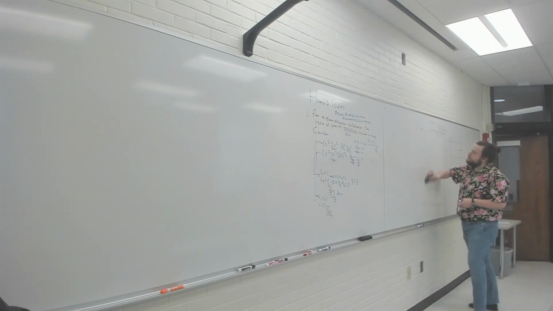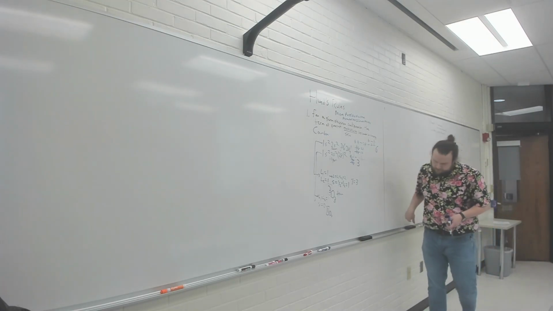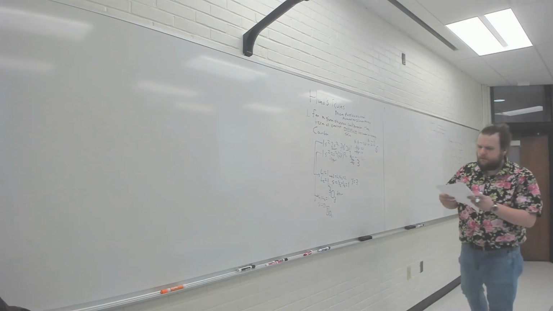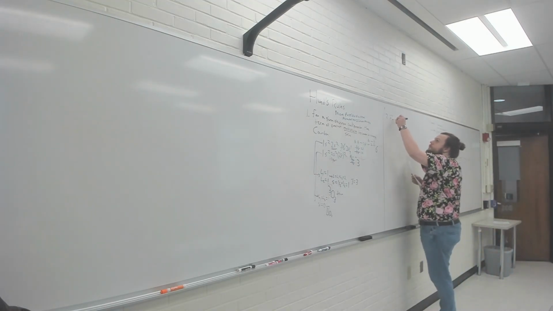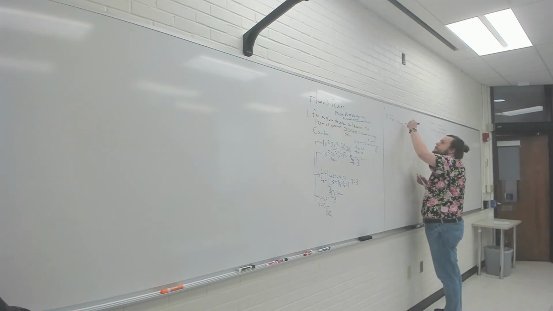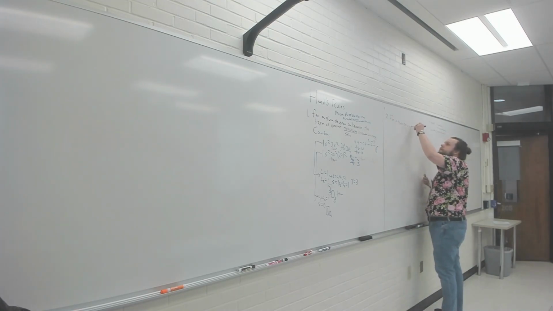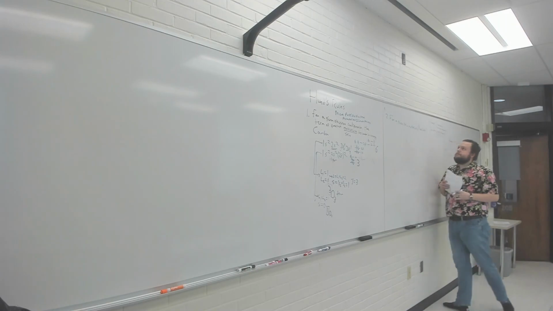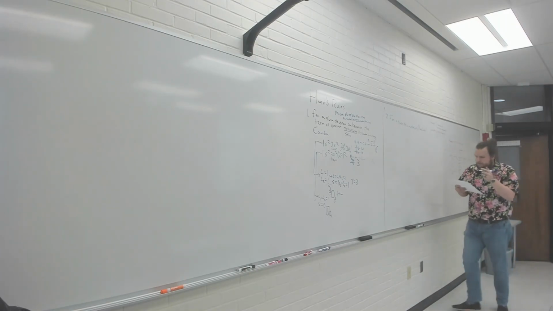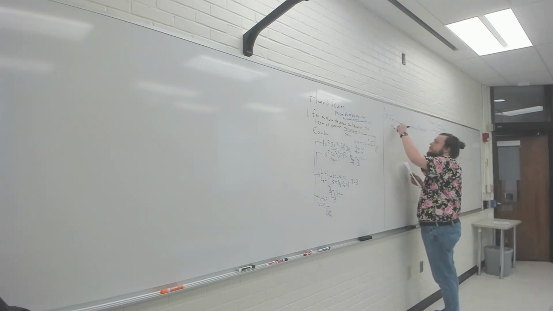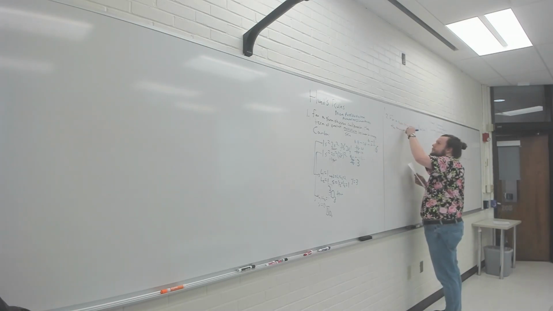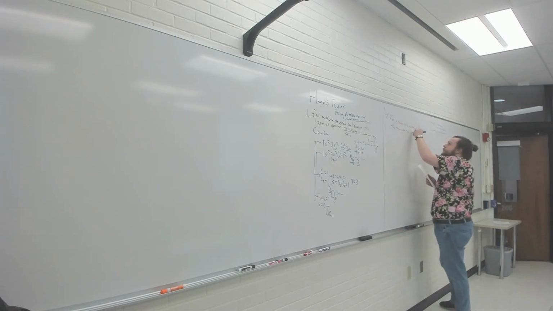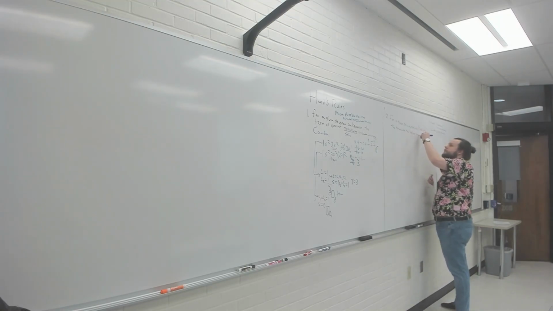All right, 2 more. For a given spin multiplicity, so fixed 2S plus 1, right? A term with the highest value of L lies lowest in energy.